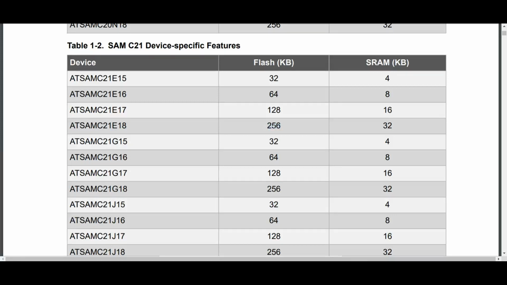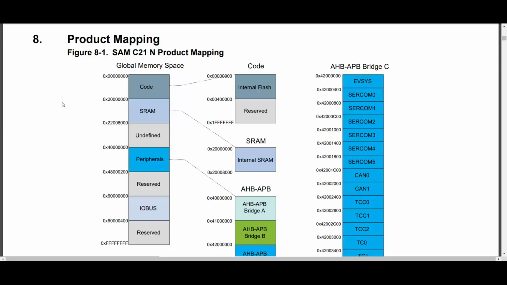Now, let's take a look at the memory map of how all the different memory components live in the processor. Now you can see over here, we've got the global memory space from 0 to FFFFFFFF hex, which is roughly 4 billion. This is the most amount of space that you can define with a 32-bit number.